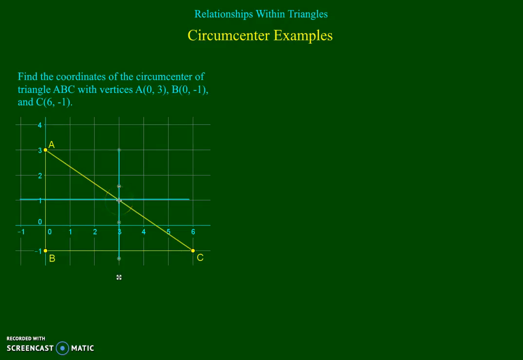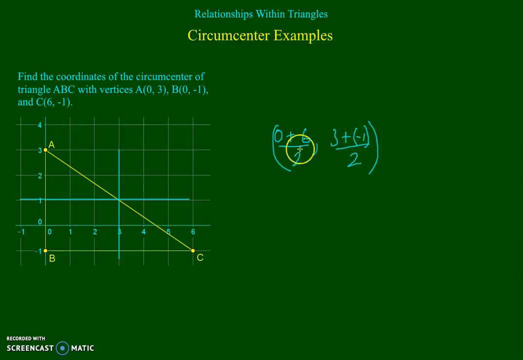point 3, 1. And if we want to actually determine explicitly that that is in fact the midpoint of segment AC, all we have to do is calculate the midpoint of AC. The midpoint is the average of the endpoints. So we have 0 plus 6 divided by 2, and 3 plus negative 1 divided by 2.